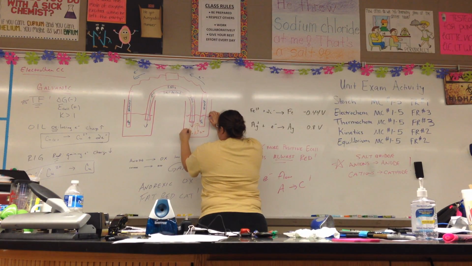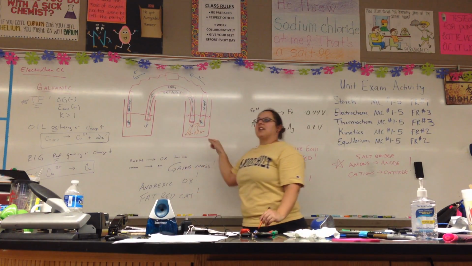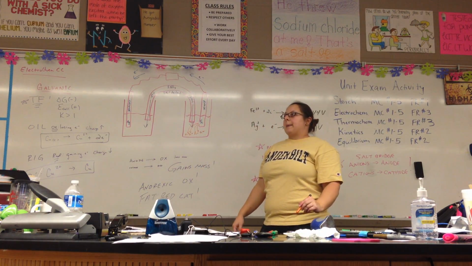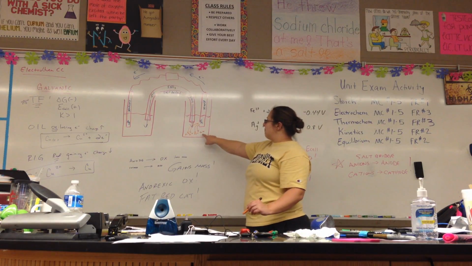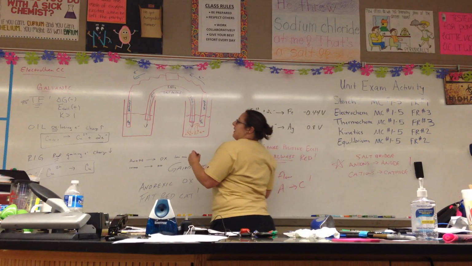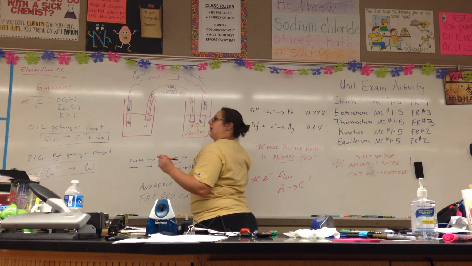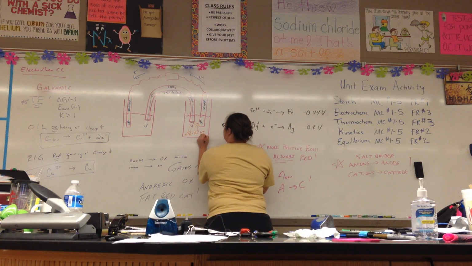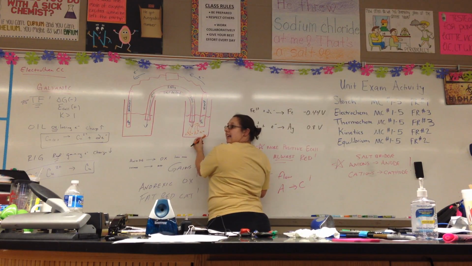What's happening to the solution? Is it getting more positive or less positive? More positive, because I have more positives jumping in, right? Because you will always have some sort of spectator in here, like nitrates or something. So I have more positives than I do negatives.